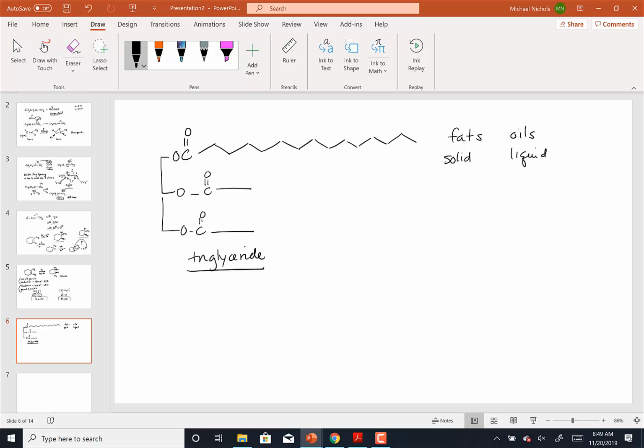So if they don't have a double bond, they are called saturated, because they have maximum hydrogen per carbon. If, on the other hand, somewhere down the line they have a double bond, they are called unsaturated.